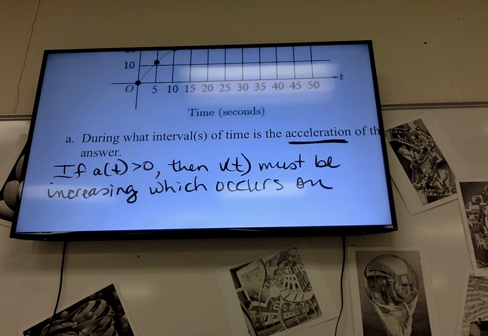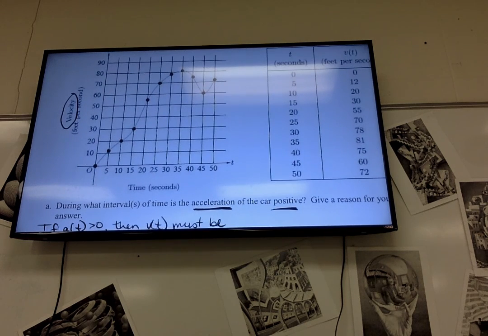Okay, so let's look at our graph. So increasing means we're going to have a positive slope. I basically have a positive slope everywhere except here.